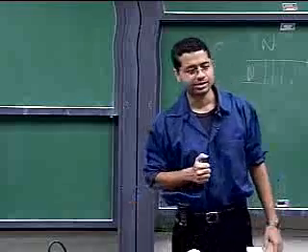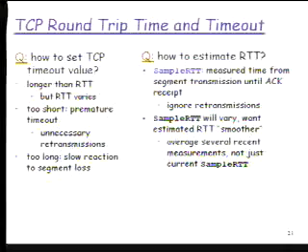Now another thing that we needed to implement these sliding window or pipeline protocols was the functionality of timeouts. If something got lost and something had to be retransmitted at the sender's end, you needed to implement a timeout mechanism.